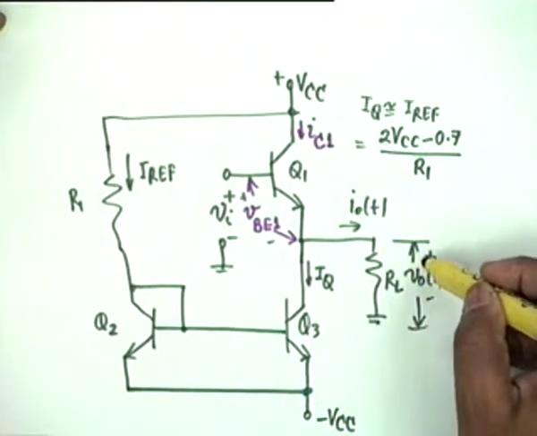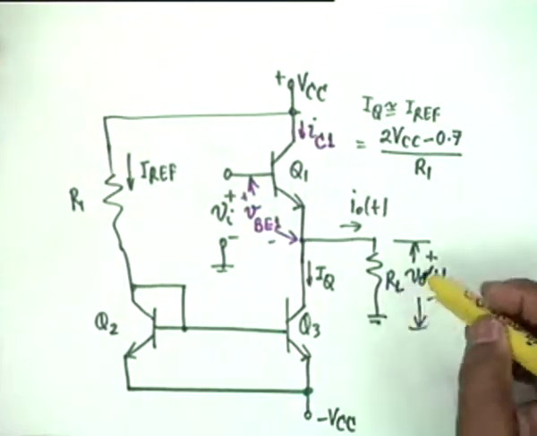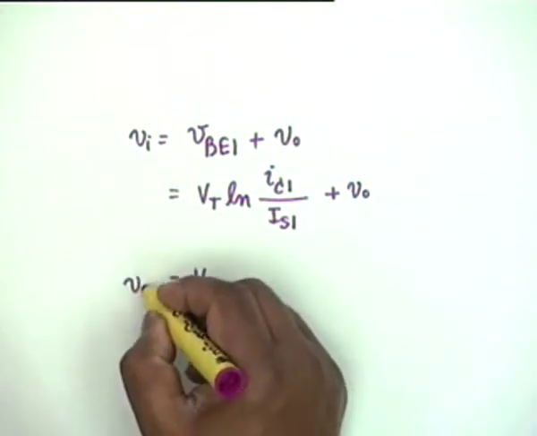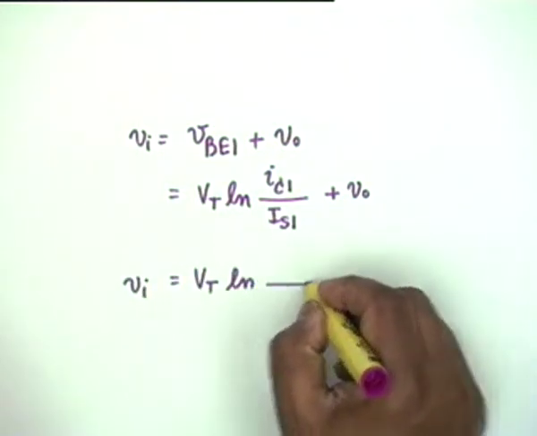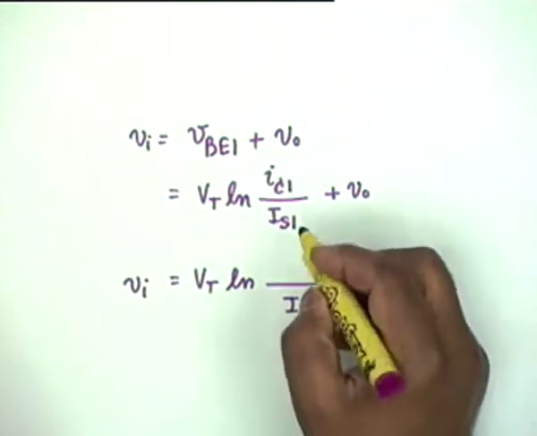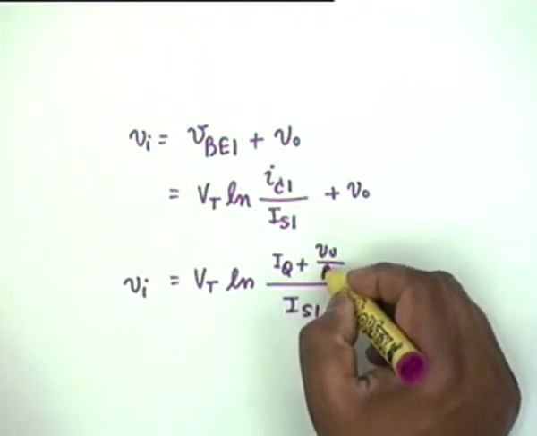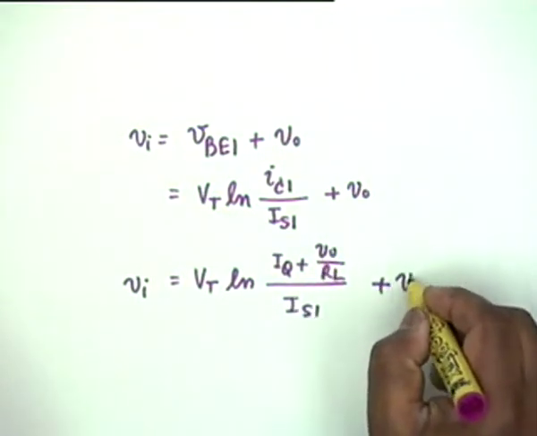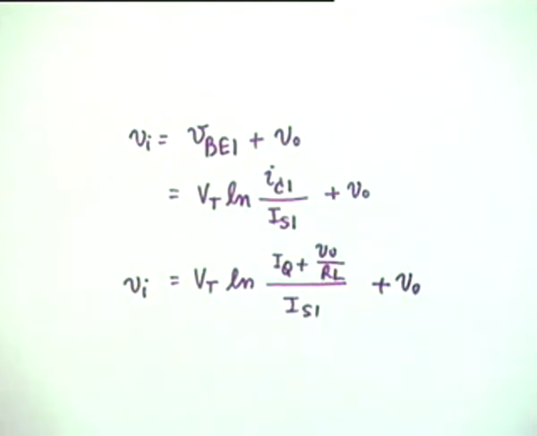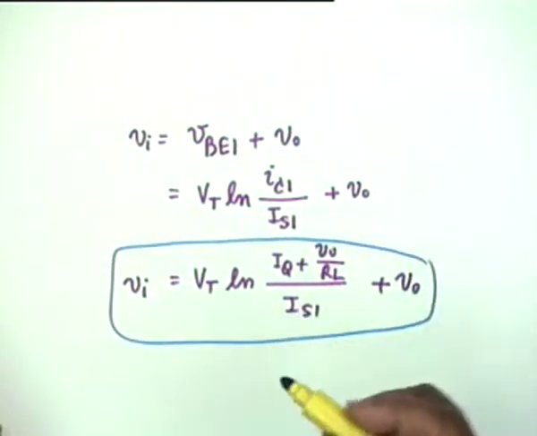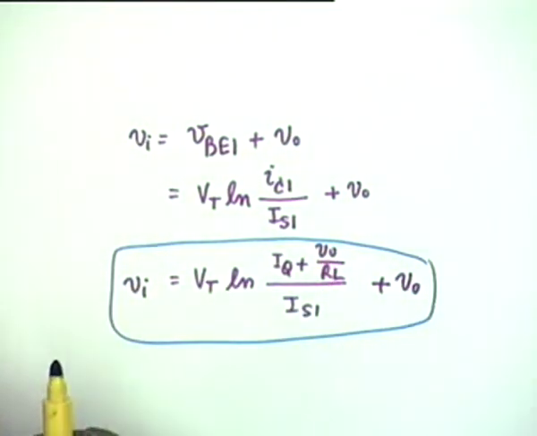And i0 is obviously V0 divided by RL, and therefore from these observations I can write vI equal to VT log of IS1, and this can be written as IQ plus V0 divided by RL, plus V0. Unfortunately this is my relationship between vI and V0, and obviously it is a transcendental equation and it can be solved only by iteration.